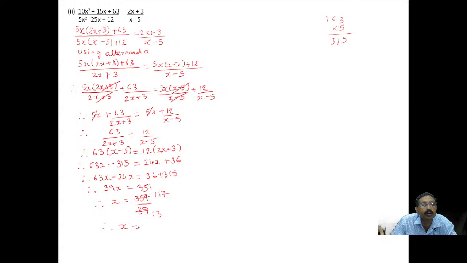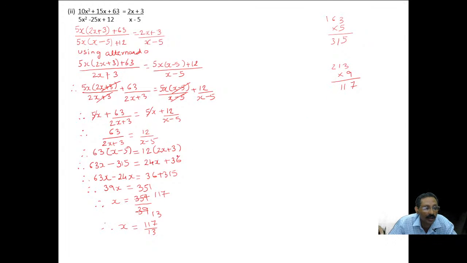x is equal to 117 upon 13. Now let me see, can I reduce it further? 13, 9 threes are 27, 9 ones are 9, plus 2 is 11.